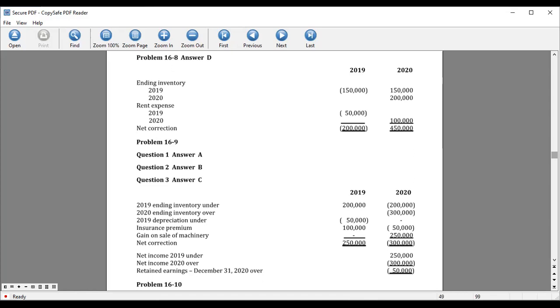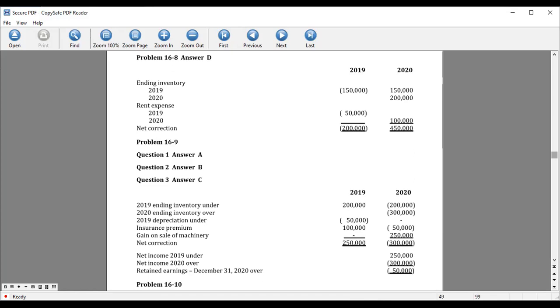So we have now question 1: what's the effect of the error on 2019 net income?